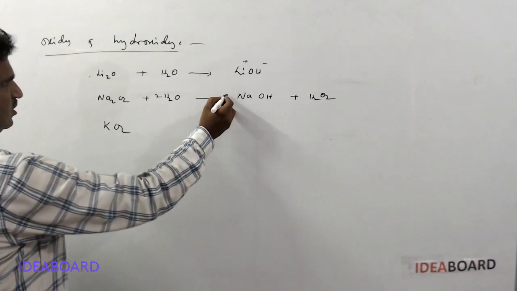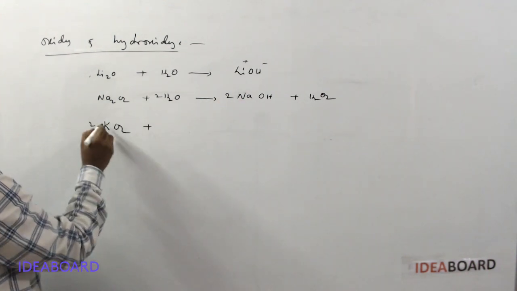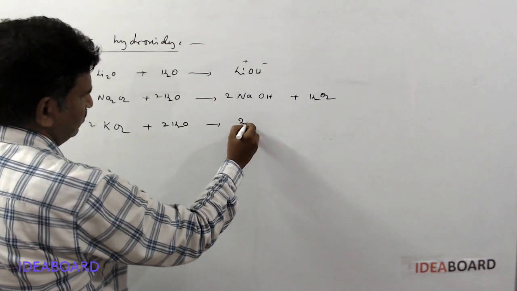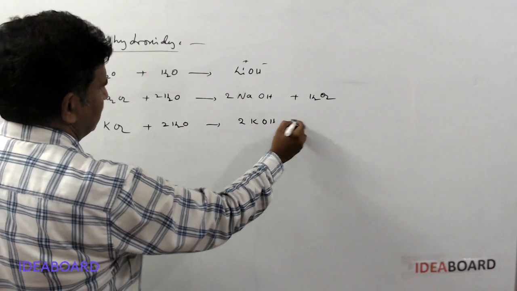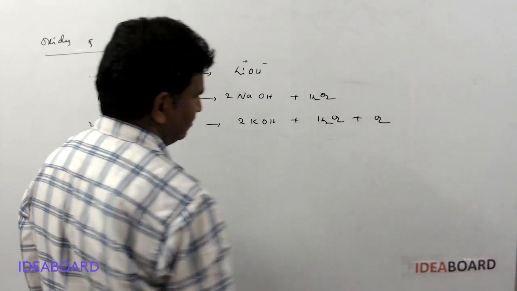That is, 2 NaOH and H2O2 are formed. If superoxide is used, then we are going to get KOH plus H2O2 plus oxygen.